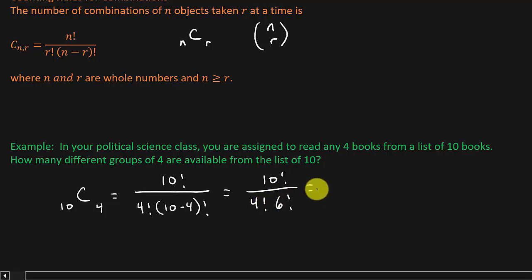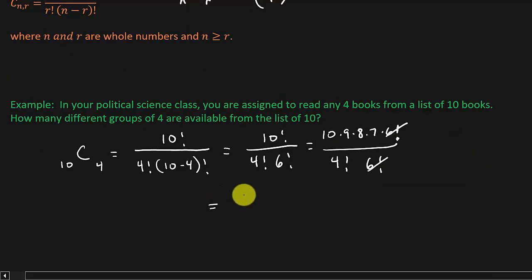For this, we would have 10 times 9 times 8 times 7 times 6 factorial over 4 factorial times 6 factorial. And you can see the 6 factorials cancel. And then this would be 10 times 9 times 8 times 7 over 4 times 3 times 2 times 1. So you can see the 4 and the 2 multiply to 8, and that will cancel with that. And the 3 and 9 will cancel, and that'll cancel there.